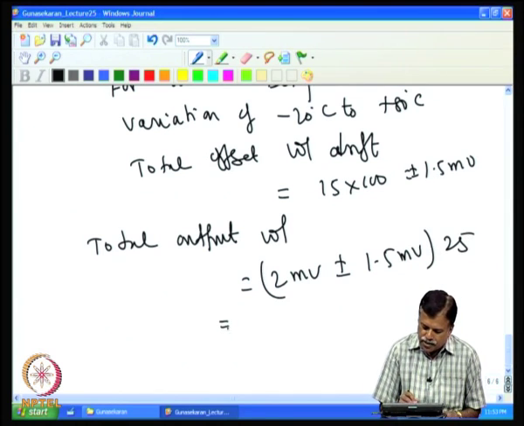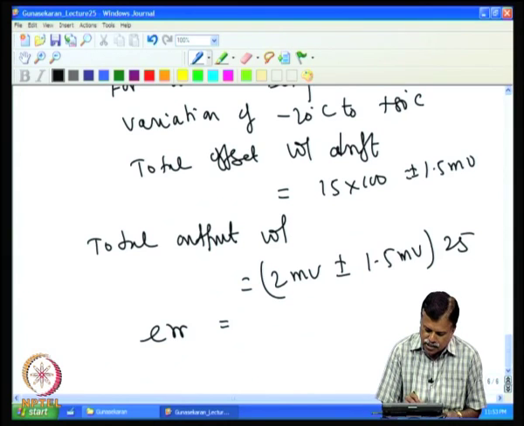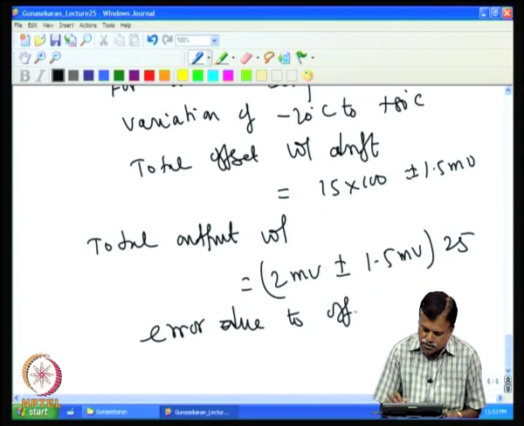So, that means the error introduced is the error due to offset voltage drift.